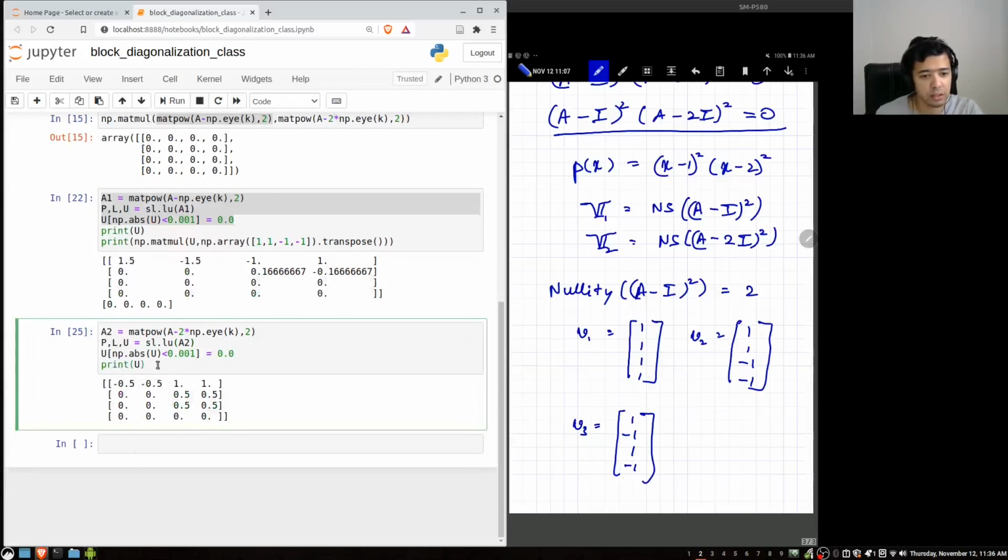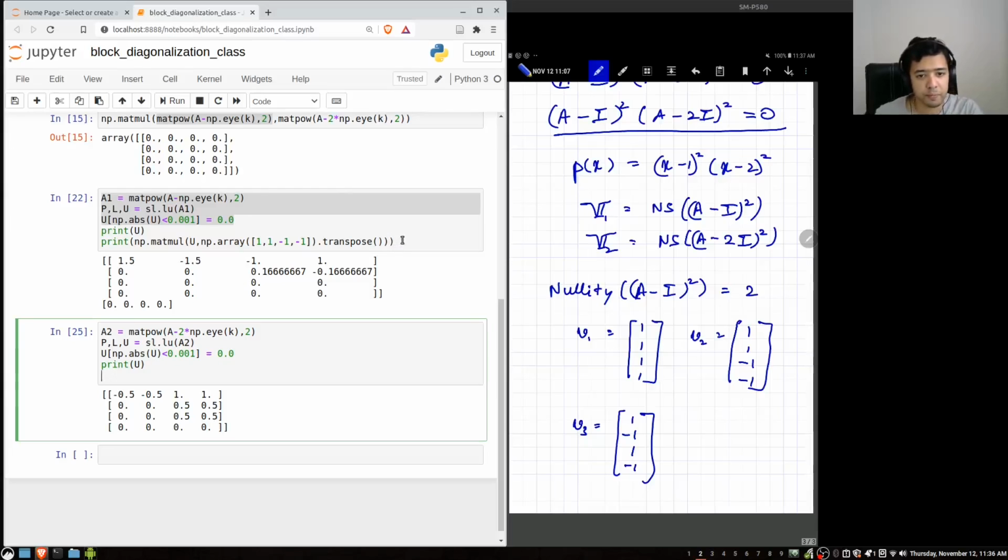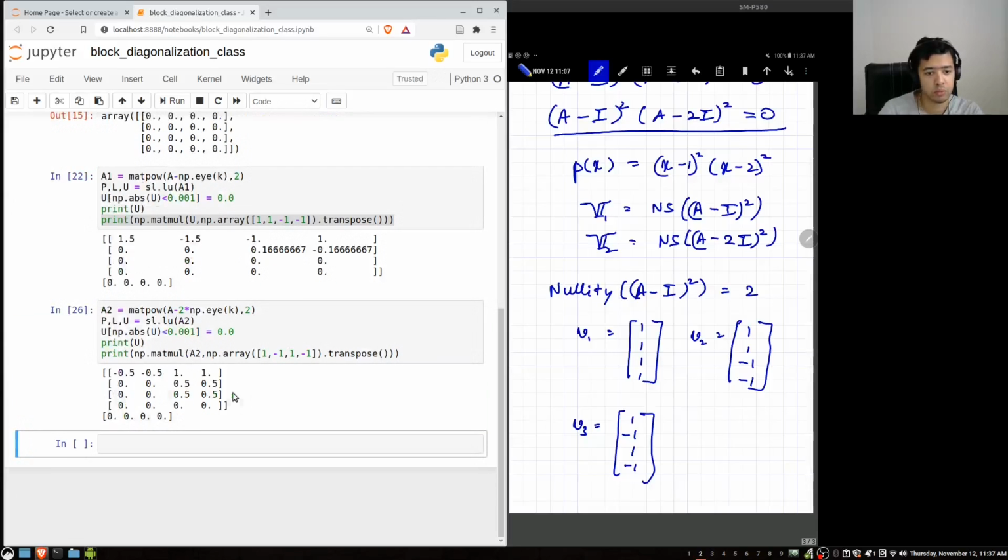Okay, this is A2, 1 minus 1 1 minus 1, and so that is fine. 0 0 0 0, and here's another, v4 equal to 1 minus 1 minus 1 1.